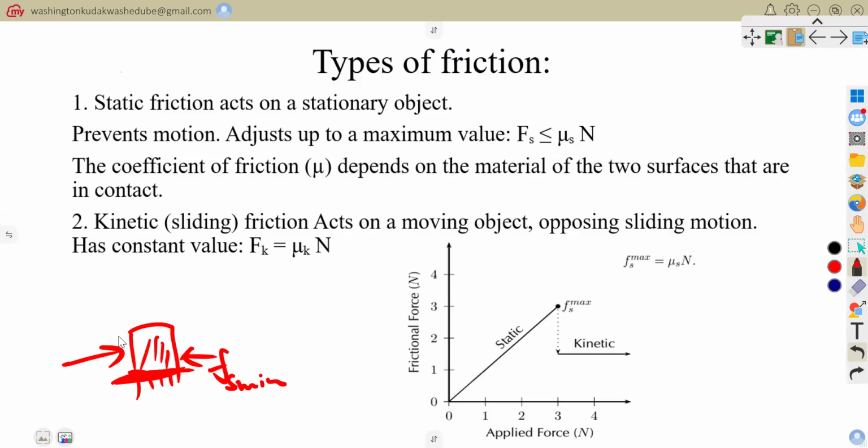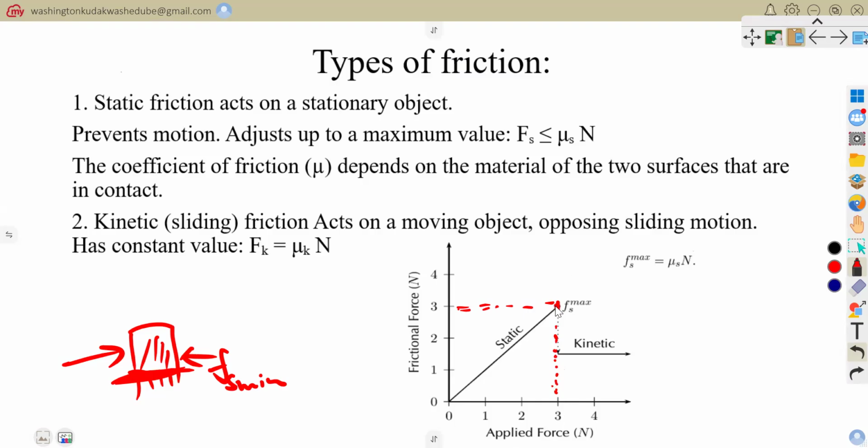So as we increase the applied force, as we are trying to overcome this static frictional force, the static frictional force will also increase, but it will reach a certain maximum value. This value corresponds to the applied force that we would have applied, which here is equal to 3 Newton.